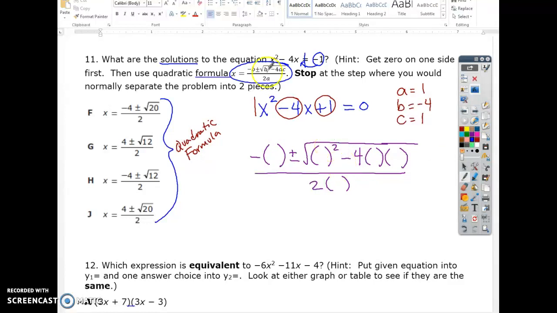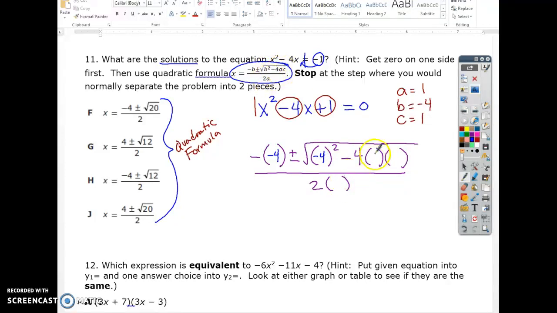This is the same thing that they showed me here, except I put parentheses in place of the b and the a and the c. And now I'm going to put my numbers in there. So the first one was -b. So in here I'm going to put my b, which is -4. And here I'm also going to put -4 because that's also b. Then I have to use my a's here and here.